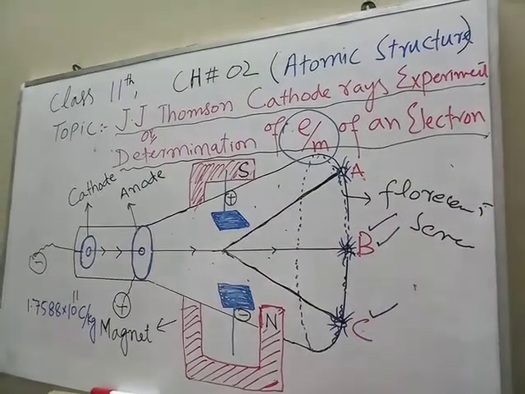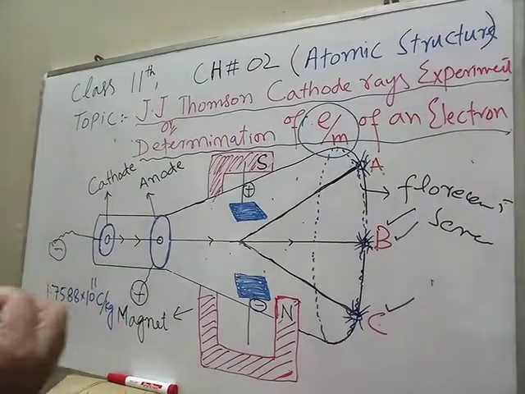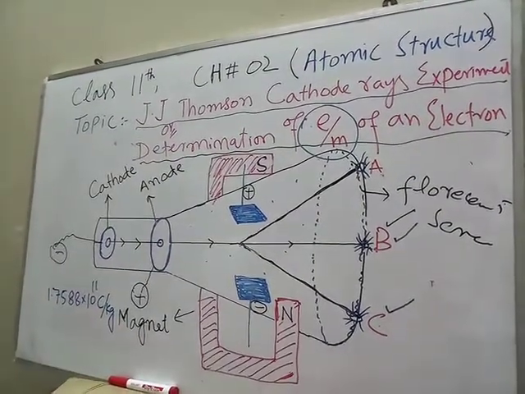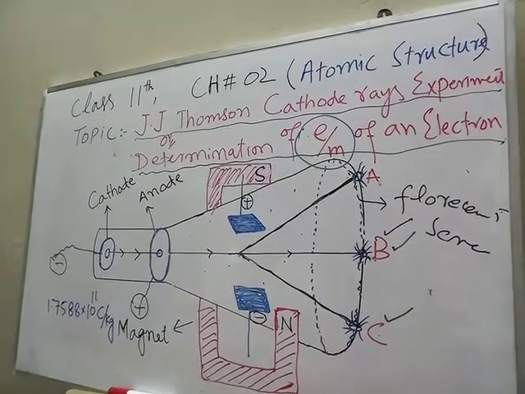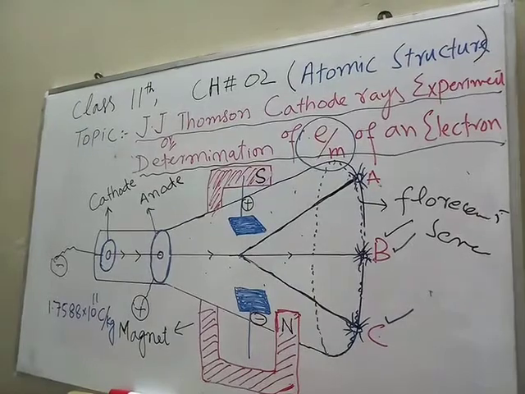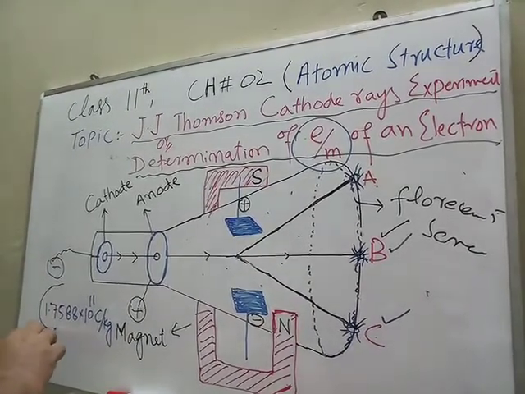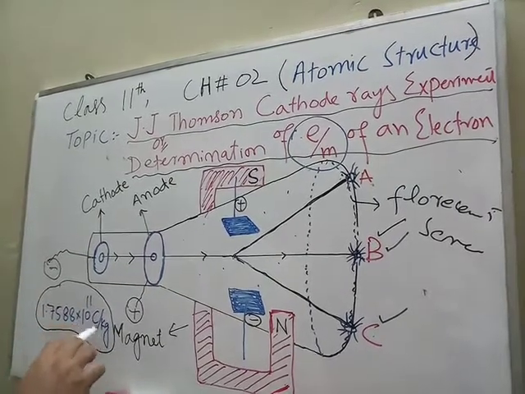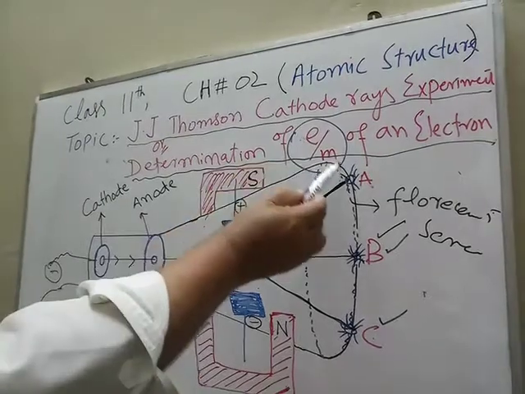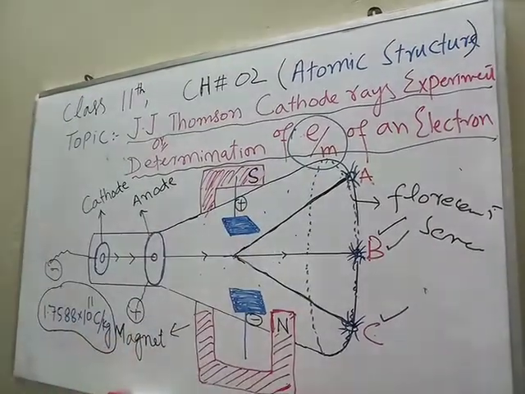Actually, this is not the charge of the electron, but he determined the charge to mass ratio, and after some mathematical calculations he ultimately concluded that the charge to mass ratio of an electron is equal to 1.7588 × 10^11 coulomb per kg. As we know, charge has the unit coulomb and mass has the unit kilogram.